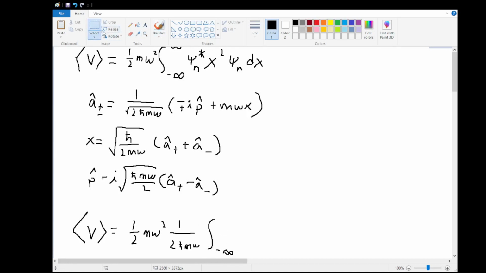Whoops, I'm sorry, that wasn't right. This constant at the front is actually for x, so h bar over 2m omega. And then to positive infinity of psi n times, and let's see, so x is a hat plus a hat minus.